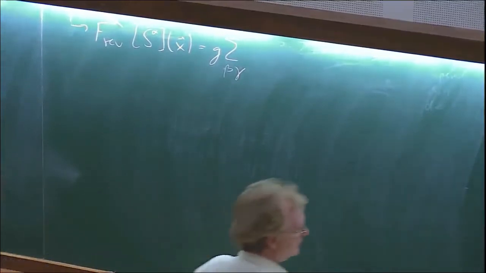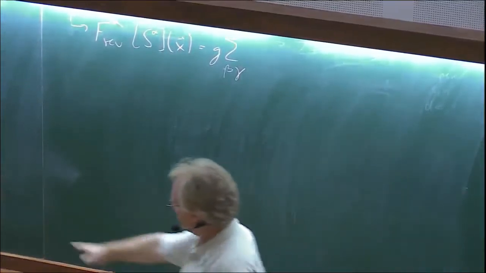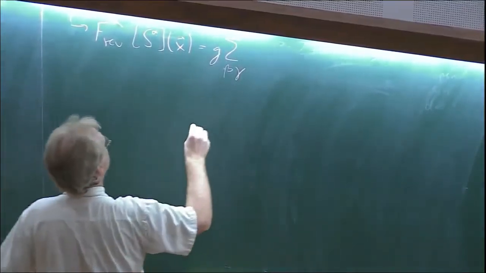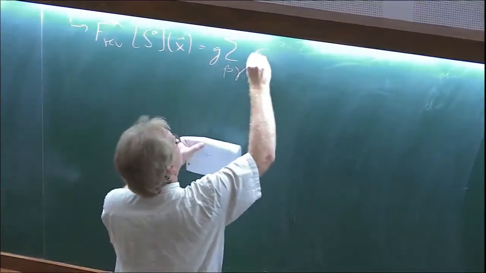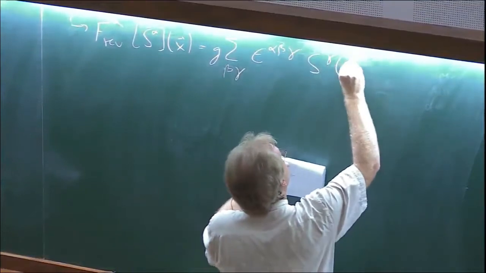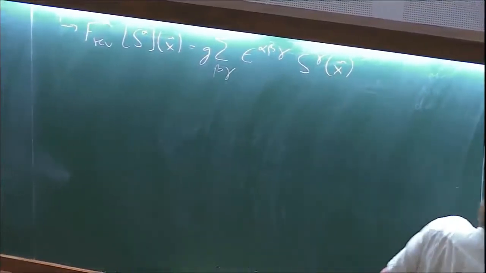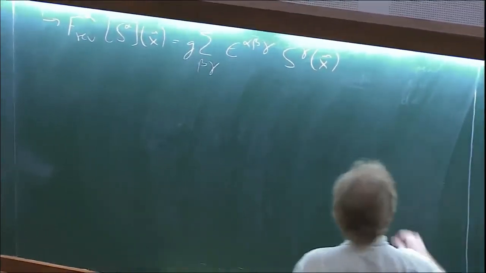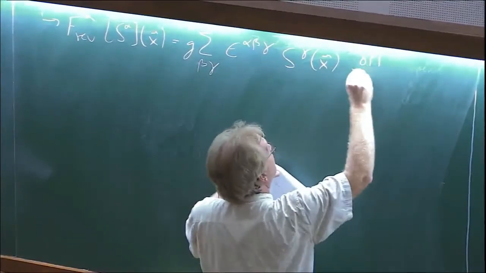There's a minus sign there, which cancels that minus sign. There's a sum over gamma. There's G. There's an epsilon alpha beta gamma. There's gamma of x. And so this is this part. And I need to have the δH by δ, beta.